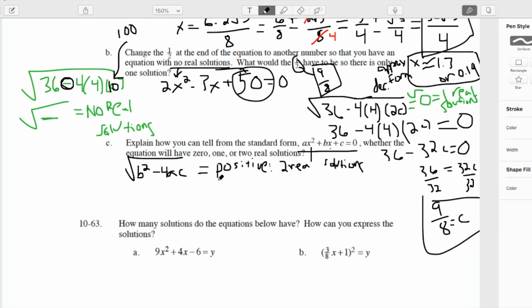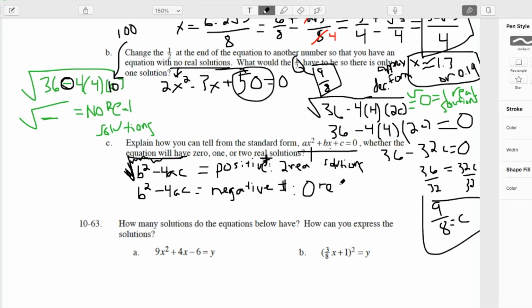We don't even need that square root symbol in front, because if what's underneath the square root is positive, then your square root will also be positive. If what's underneath the square root, which is b squared minus 4ac, were a negative number, you'll have 0 real solutions.